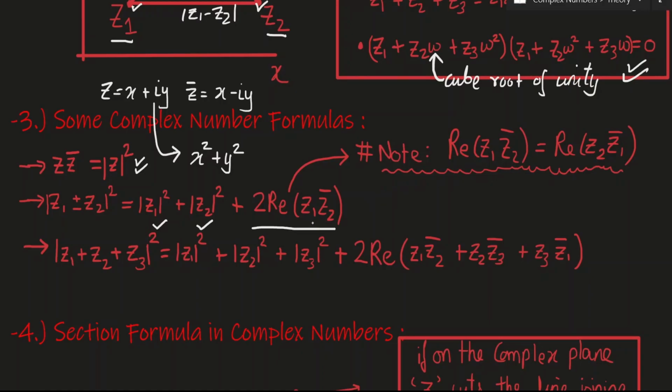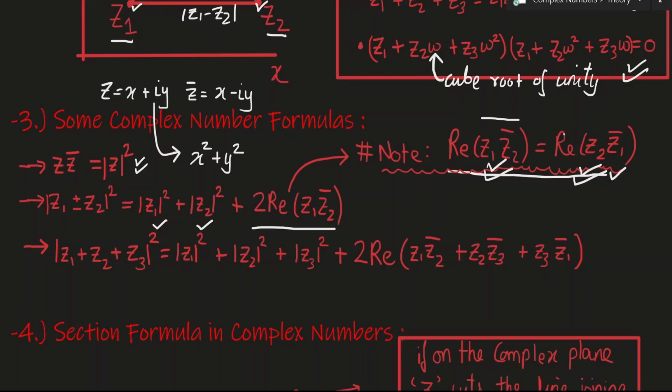Instead of z1 z2 prime, it is given z2 z1 prime, right? So actually the real part of z1 z2 prime is equal to the real part of z2 z1 prime. Why is that so? You can observe that if I take the conjugate of z1 z2 prime, we are left with nothing but z2 z1 prime. Okay, so this complex number actually is the complex conjugate of this number.